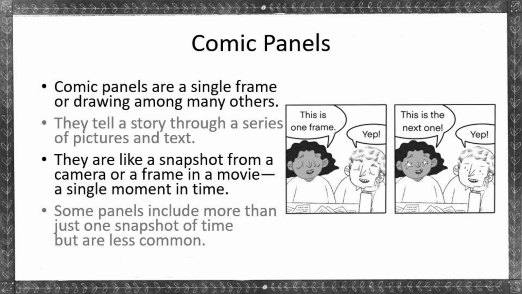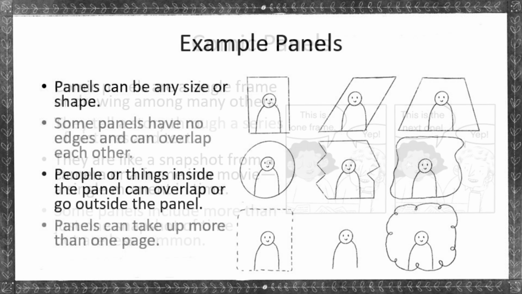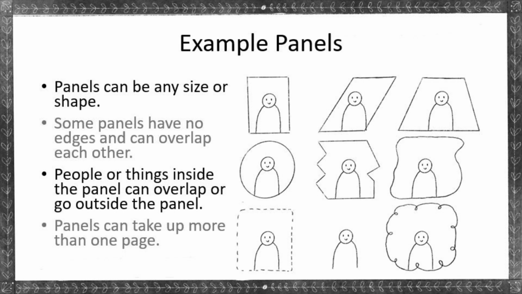Some panels do include more than one moment in time, but those are a little bit more complicated and definitely more uncommon. So usually one frame is one single moment. So you can get really creative with the different types of panels that you use. They can be any shape or size. They can overlap or seem to float.